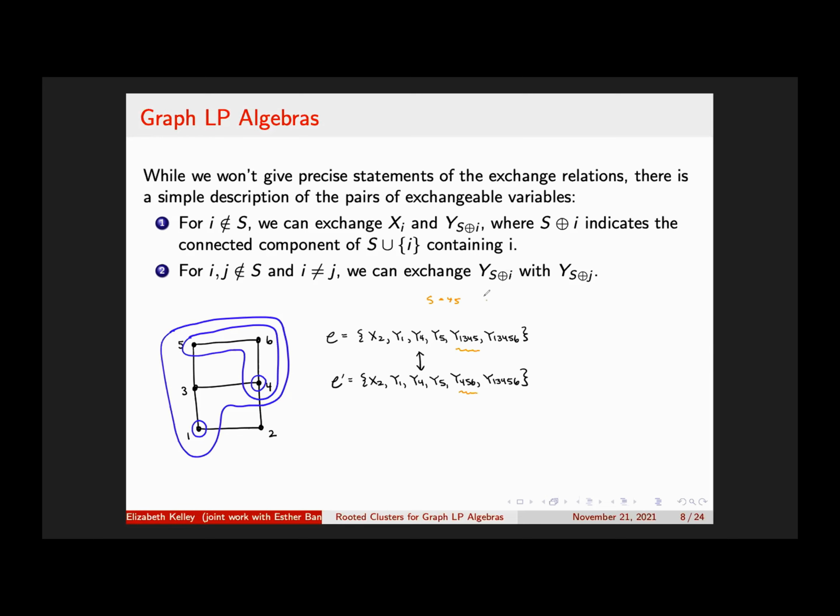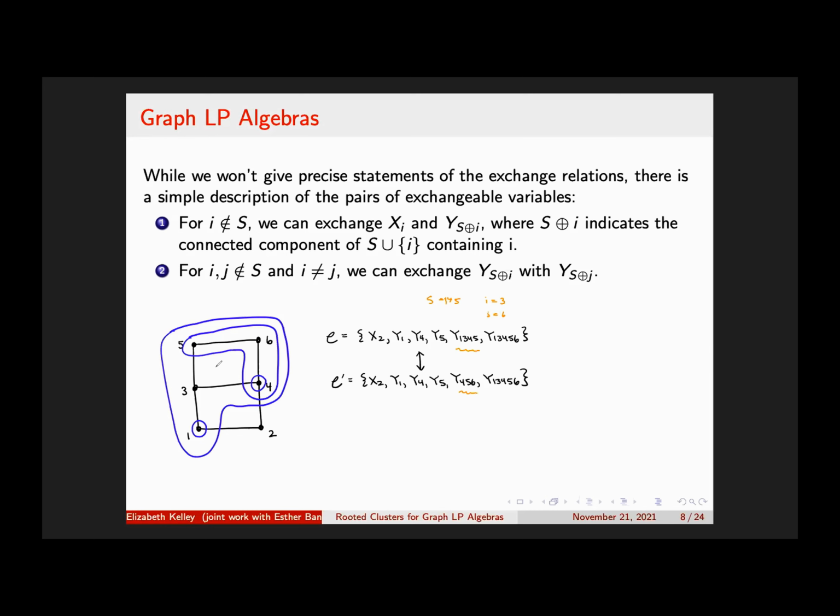okay, so, and then maybe it should be, yeah, so here i is 3, I think, so this should be 1, 4, 5. j is 6.